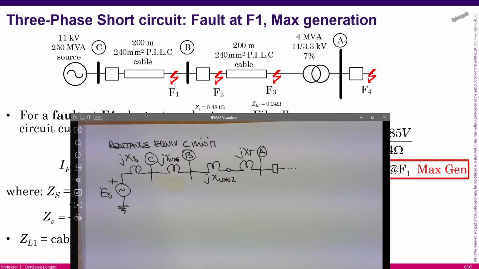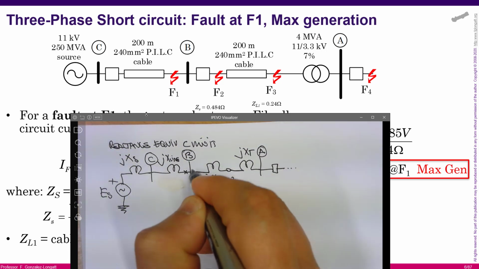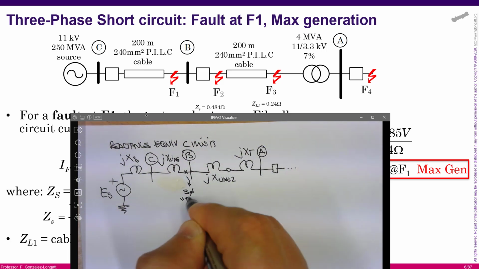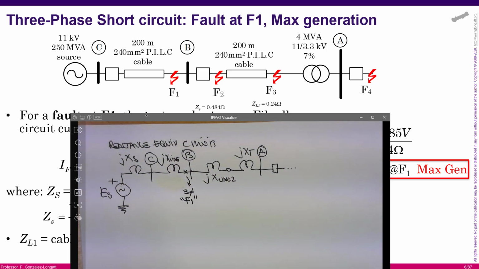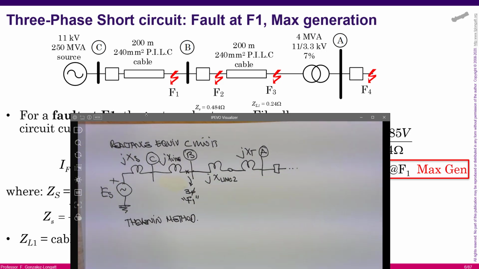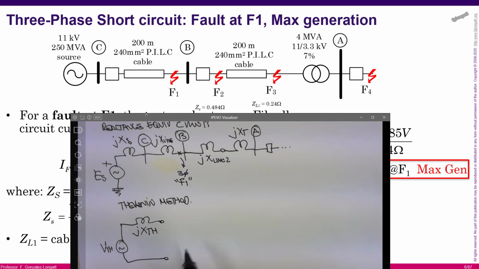If we are interested in the short circuit at F1, it is the same as calculating the short circuit here. This is the three-phase fault, and this is F1. If you are interested in using the Thevenin method, what it is looking for is creating a simplified circuit where you have the Thevenin reactance and a Thevenin voltage, and this is the terminal where we are applying the fault.